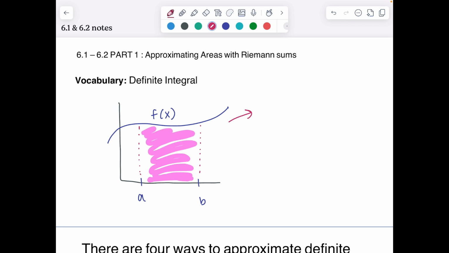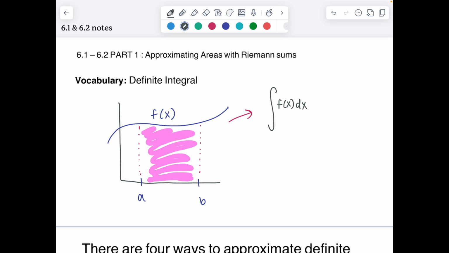We could say that every single time, but that's a little bit long, and so mathematicians came up with this notation called the integral that will help us say it a little quicker. The integral looks like a long S like this, and you're going to write your function here, f of x, and then dx, which we'll break down later.